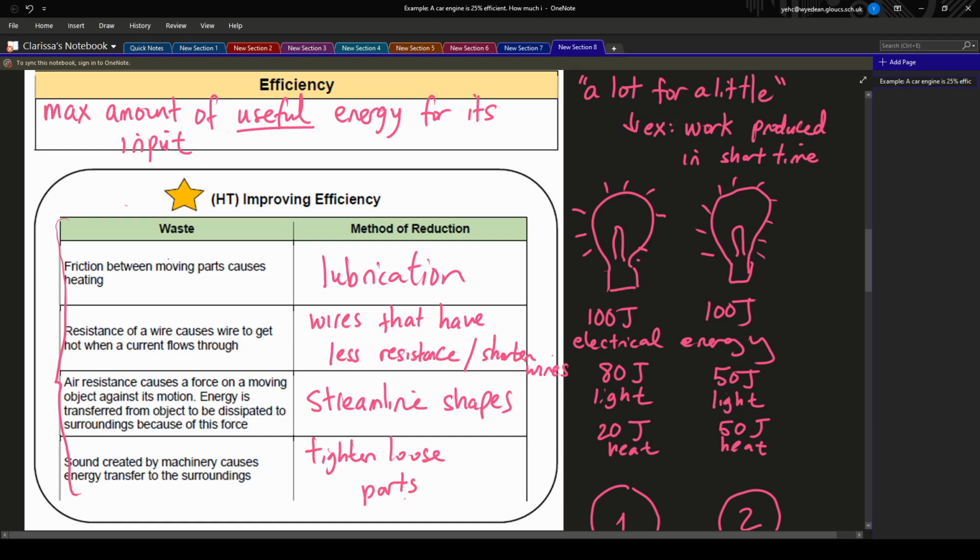So for example, if you had a loose screw, you would hear it clanging about, which causes energy loss as sound. So if you tighten loose parts, you reduce the sound that it creates, and that would reduce the energy transfer to surroundings.